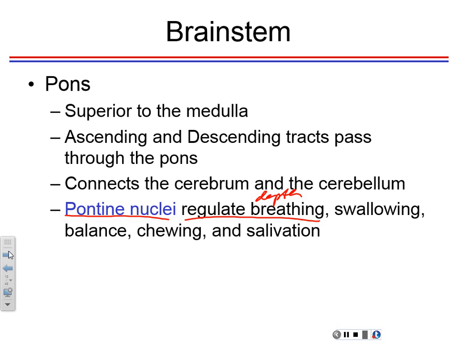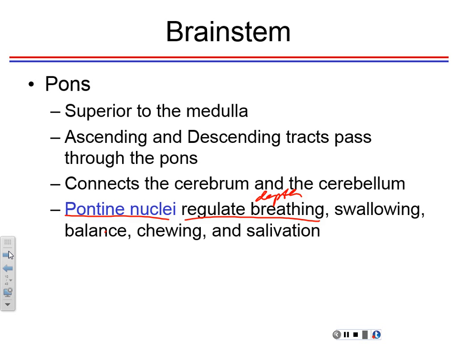Guys. And then swallowing, okay? Also balancing, chewing and salivation. Have you noticed when you're chewing, how you always conveniently miss chewing your tongue? Unless you're talking and eating fast, it's controlled by that. So that your tongue is always positioned properly when you chew, because it's a cyclical thing, and you control that by the pontine nuclei.